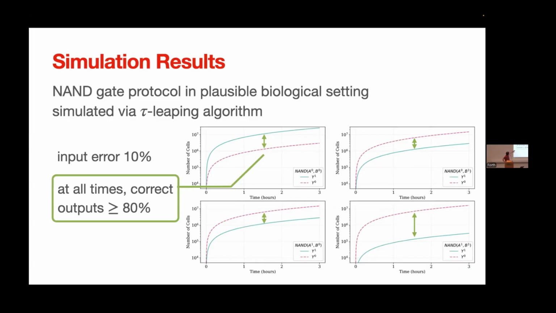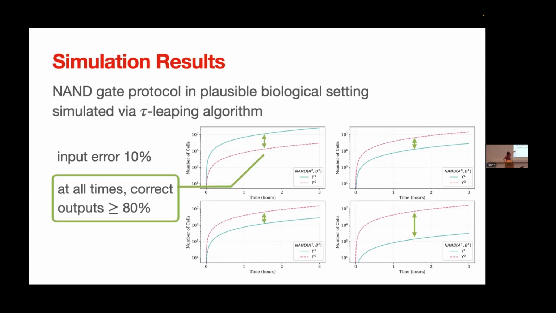Here we assumed an input error of 10%, and we have the outputs here. Let's pick the one where the green line points to. The correct output is the blue one, and there is a separation between the two. There's a gap, and this gap is not just additive. It's a log plot, so this would be a multiplicative gap even.